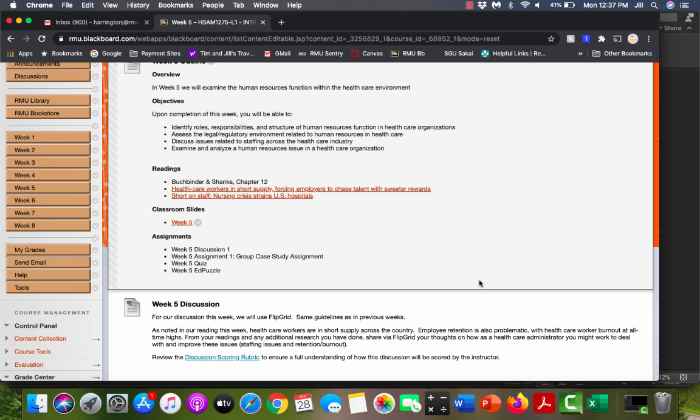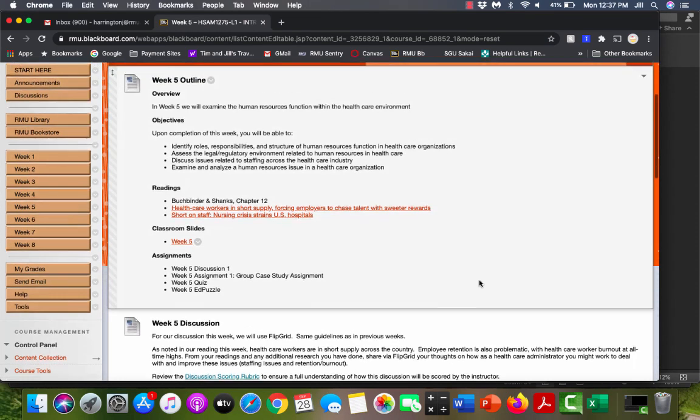So we're going to talk about the roles and responsibilities of the human resources function, but we're also going to look at how human resources issues impact managers. Learning about human resources isn't just important for someone that wants to go into human resources, but it's important for anyone that wants to be a manager or an administrator in healthcare because you're always going to be dealing with human resource issues.